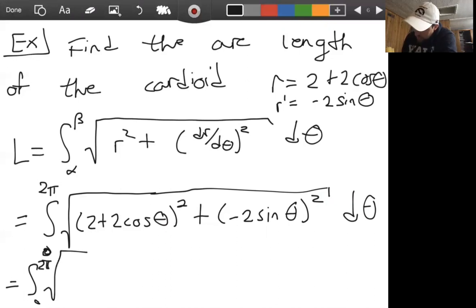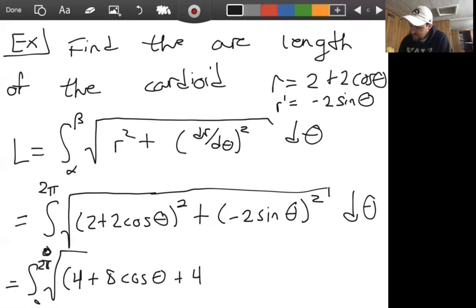When we FOIL the first piece, we get 4 plus 8 cosine theta plus 4 cosine squared theta.